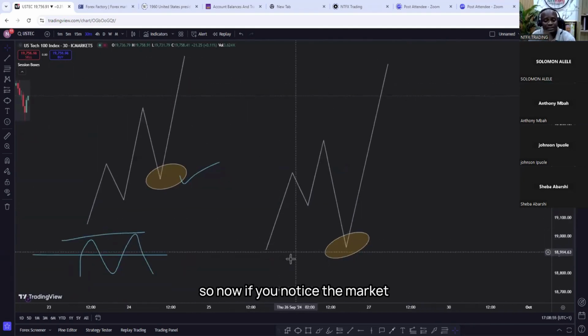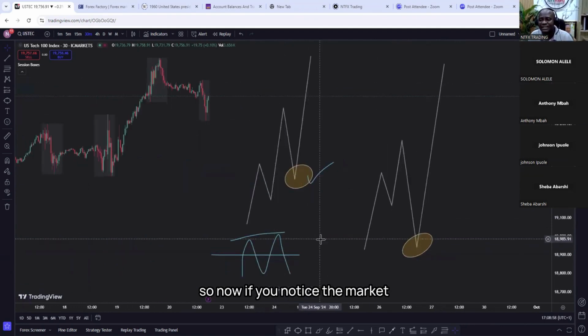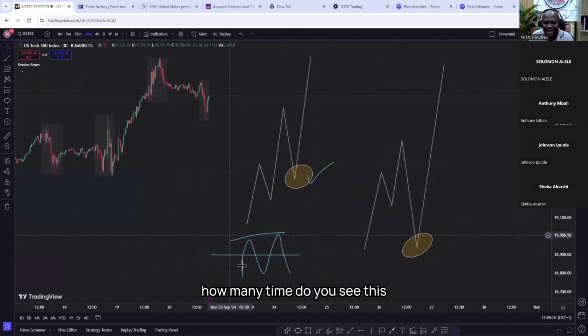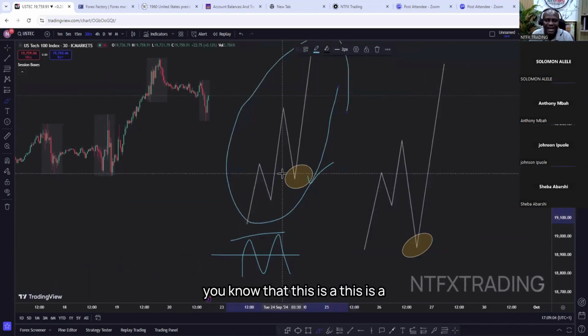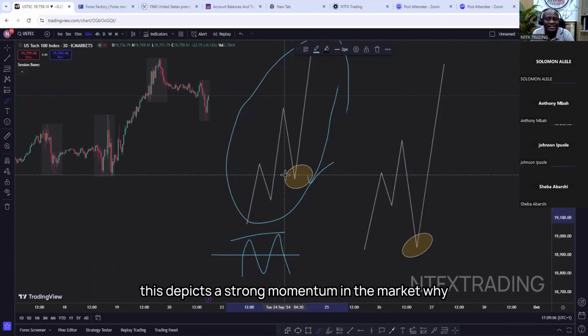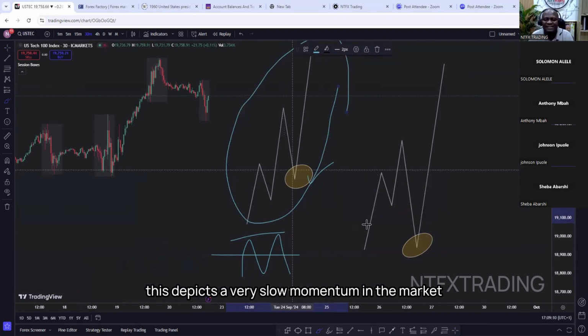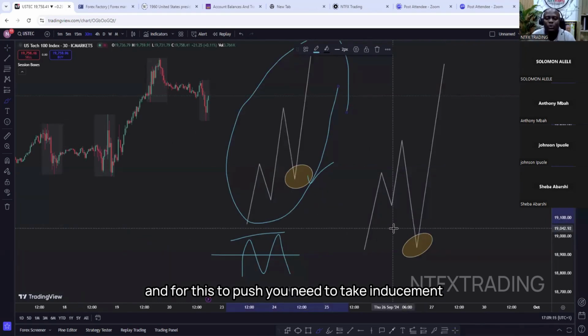All right. So now, if you notice the market, how many times do you see this? You know that this depicts a strong momentum in the market, while this depicts a very slow momentum in the market. And for it to push, you need to take inducement.